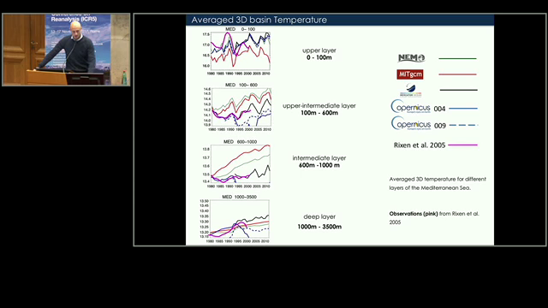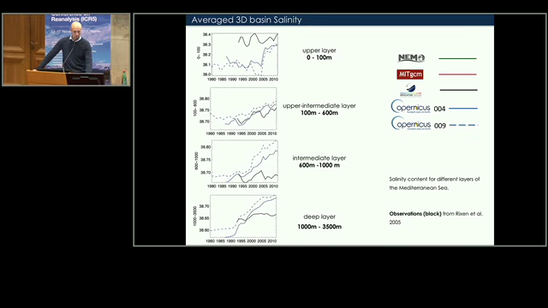What about the observation? The pink curve is just climatological data made by Michel in 2005, and we are still using your data, Michel, thanks. As you can see, the Mercator reanalysis seems to be closer to the observation.